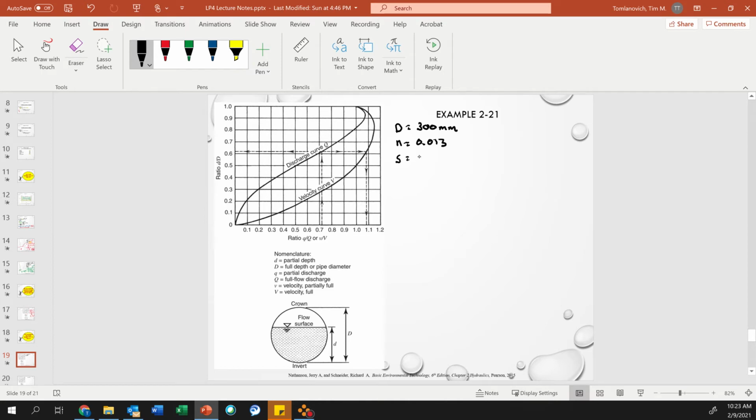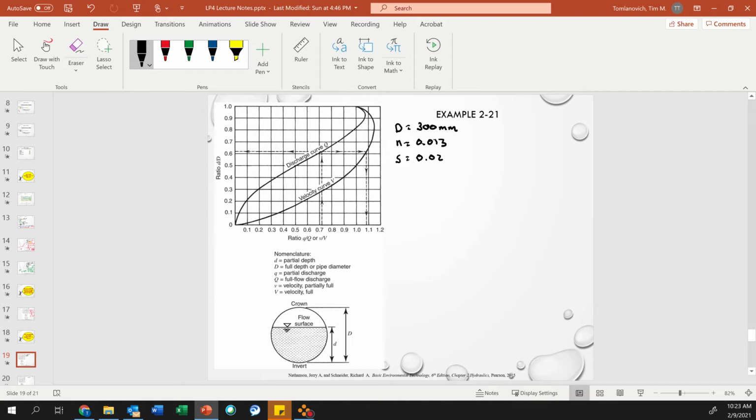S equals 0.02. What is the depth of flow in the pipe when it carries a flow of 96 liters per second? What is the velocity of flow at depth?